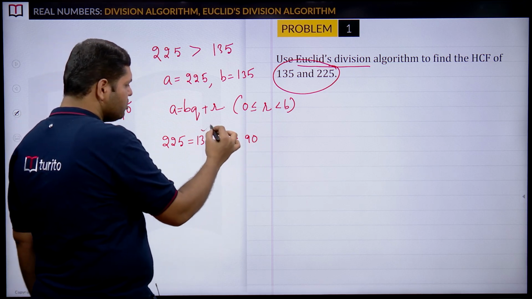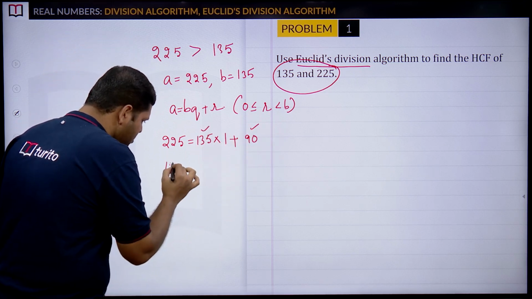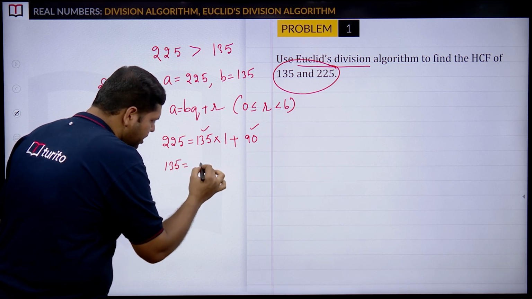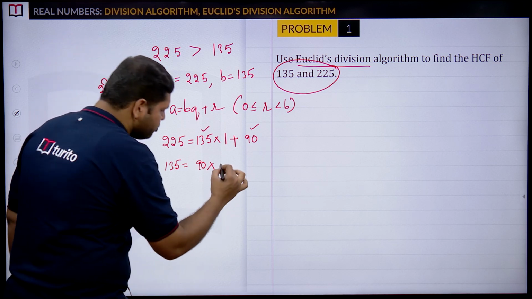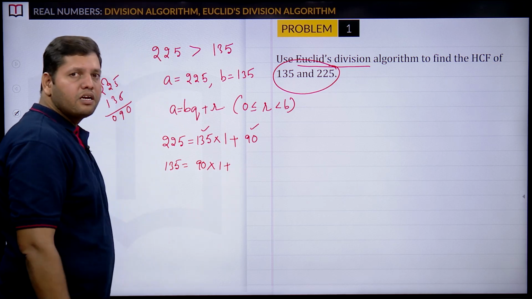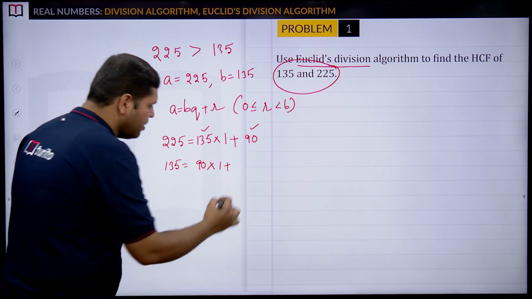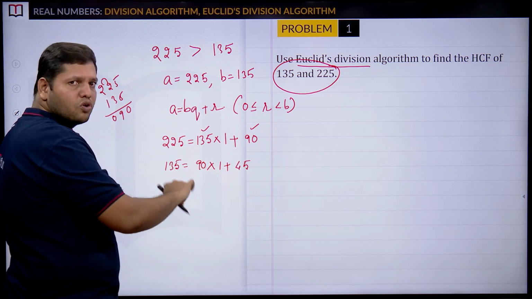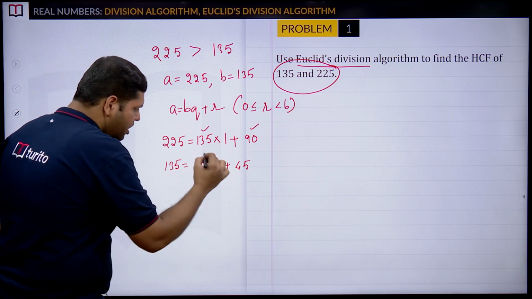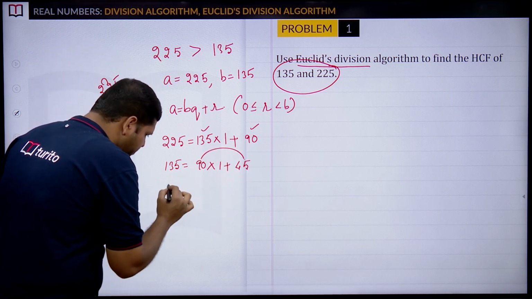Then children, take the combination of 135 and 90. So 135 I can write as, now tell me children, 90 how many times? We can go only one time, children. Then what is the remainder? 45 is the remainder. Because one 90 is 90, so 135 minus 90 is 45. Now take these two as one combination.